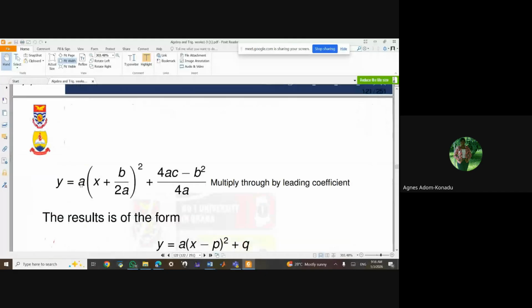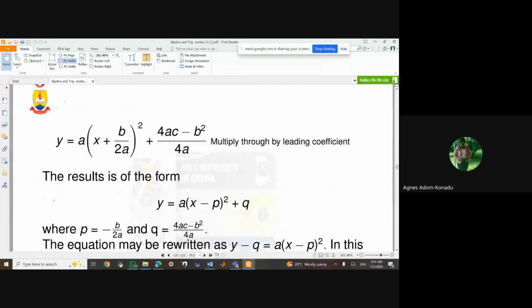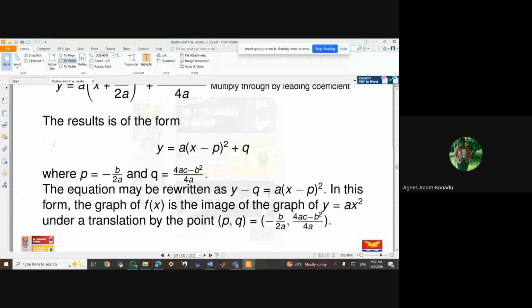So we've gotten y is equal to a into x plus b over 2a squared plus 4ac minus b squared over 4a. When we compare this with the standard form, the equation is written as y minus q is equal to a into brackets x minus p squared.